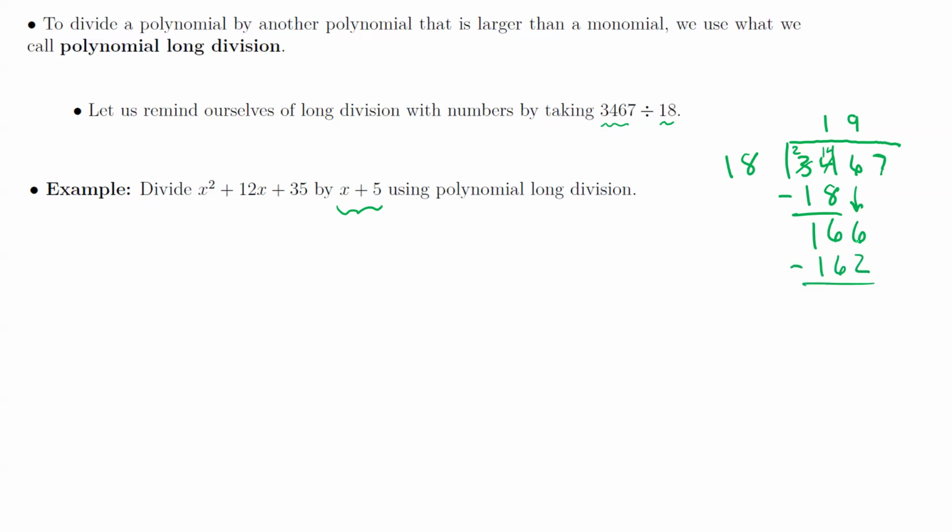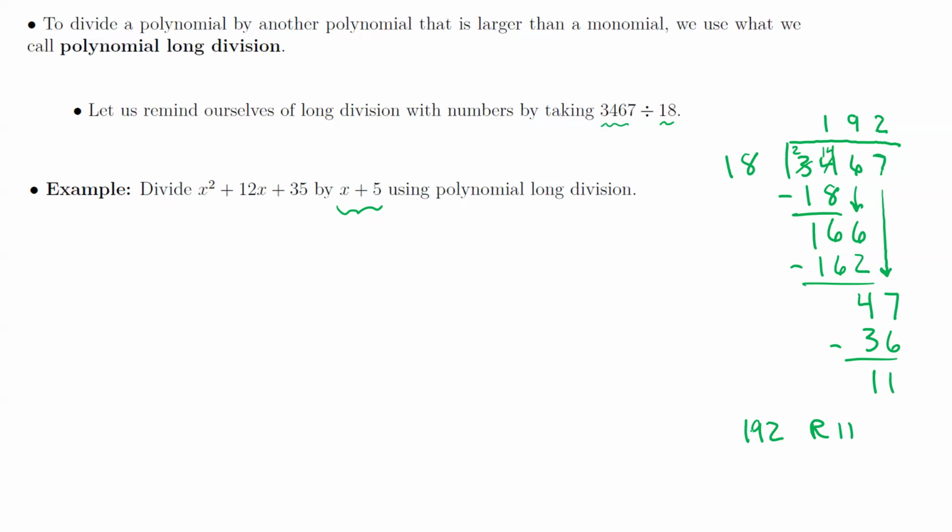And you just keep repeating this process, getting a remainder and dropping down the next digit until you run out of digits. 18 goes into 47 twice, so 2 times 18 is 36. And so you end up with a remainder of 11. So 192 remainder of 11 is our answer.